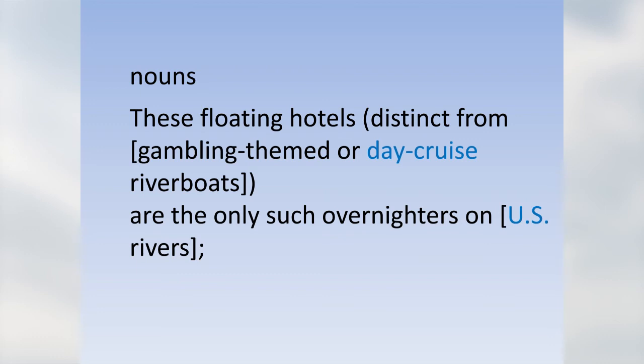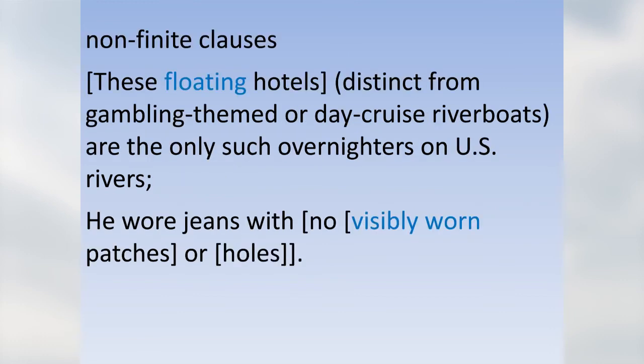The other one in this clause, U.S. rivers. Now, if we said American, we'd get an adjective, right? But U.S. is a noun. It's the U.S. We don't have any problem making a noun modify another noun. English does that all the time. So we have adjective phrases and nouns acting as internal modifiers before the head of the clause.